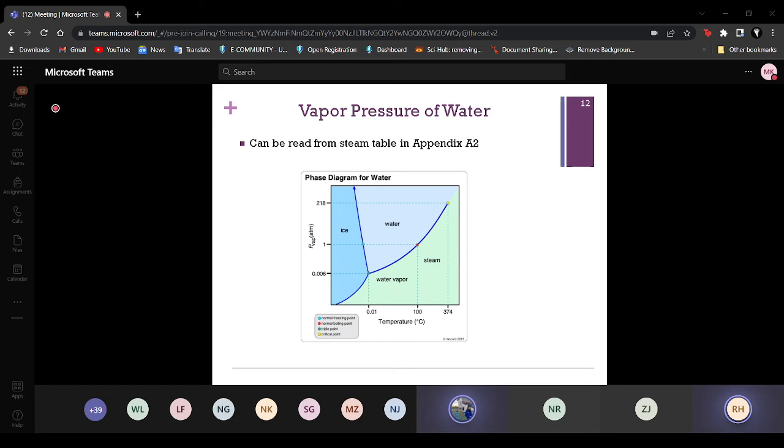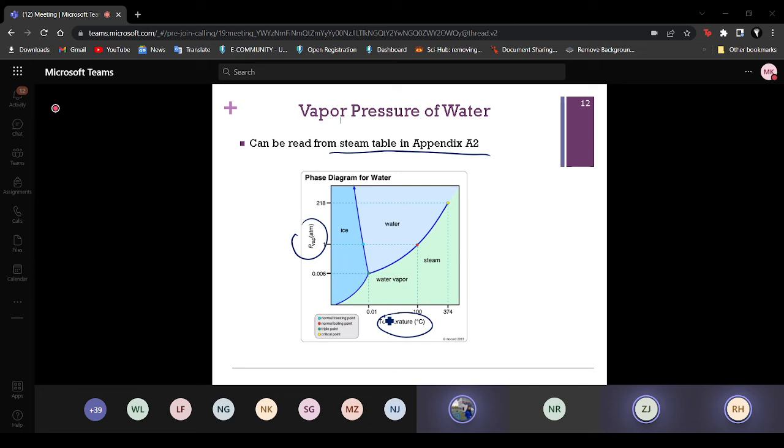Okay, vapor pressure. First, we start with vapor pressure of water. Okay, vapor pressure of water ni is basically water punya vapor pressure. So whereby you can get it from steam table. Okay, data dia. So the vapor pressure is changing, okay, between pressure and also temperature.